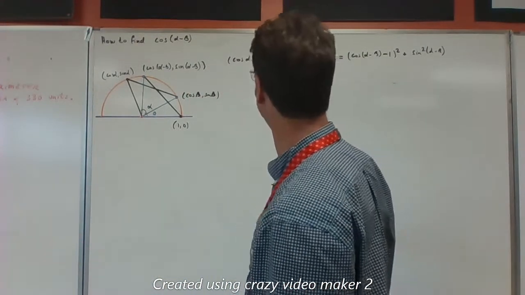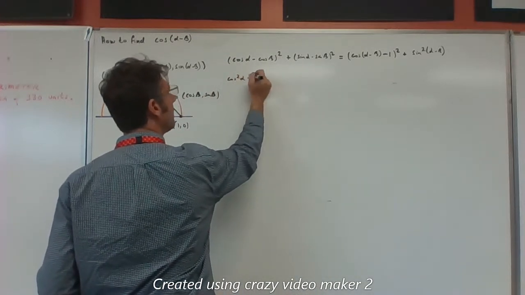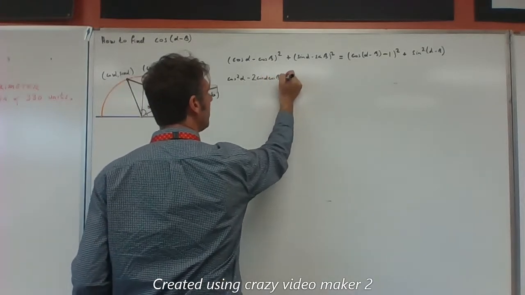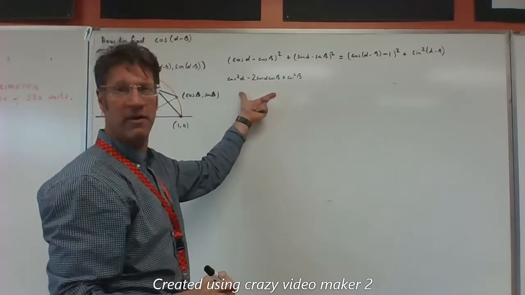But this is cosine squared alpha minus 2 cosine alpha cosine beta plus cosine squared beta. Yay! All of that is expanded right here. Okay.